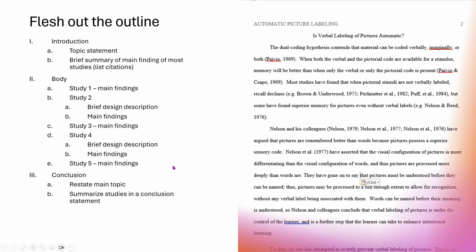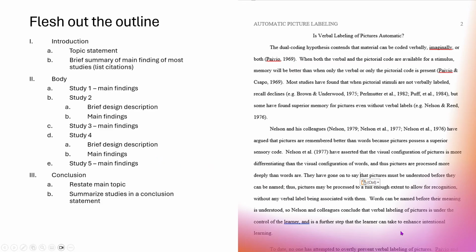So you see that we've got Nelson, and apparently Nelson does a lot of research on this topic because he's cited a whole bunch of times here. But you start to, in this case, describe why or what happened in these studies. That's the next step in the body: to actually describe the conclusions of individual studies with a little bit of detail.